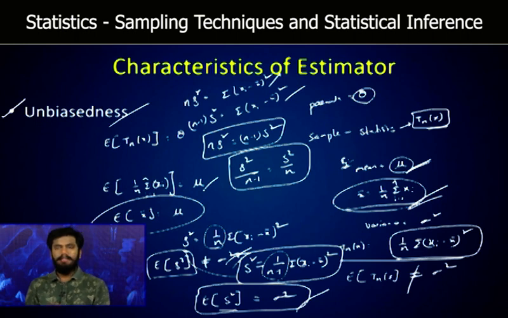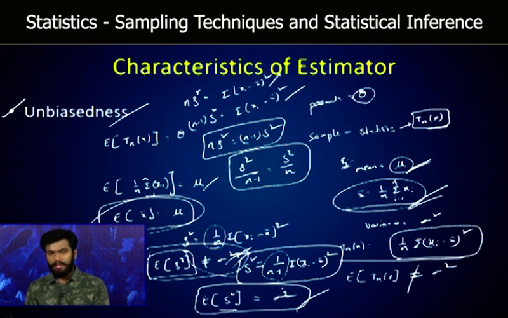What we have discussed here is that the sample mean is an unbiased estimator of the population mean, whereas the sample variance is not an unbiased estimator of the population variance, whereas capital S square is an unbiased estimator of the population variance.